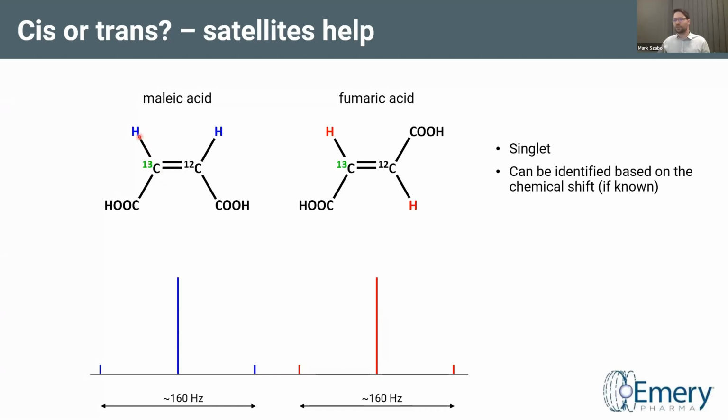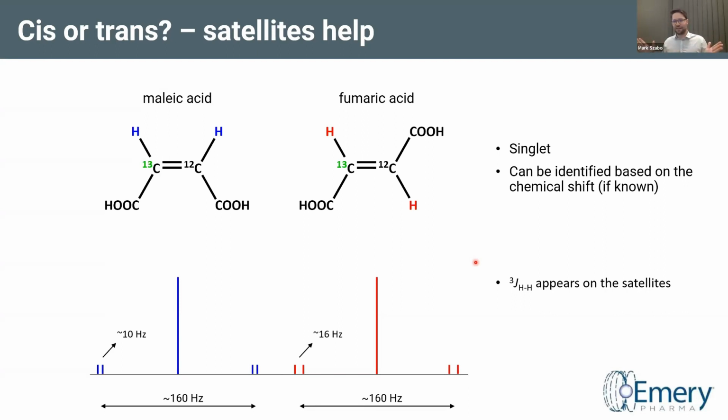And these protons are represented in the satellite peak, the 1.1% satellite peak. And actually this three-bond coupling appears between the two blue or the two red protons. And you can figure out whether it's a cis, so whether it's a maleic acid, or whether it's a fumaric acid, based on the coupling you see on the satellites.